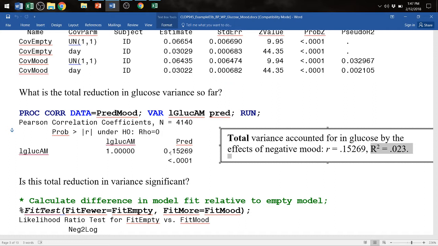Can you say the part about the 0.2%? Yes. So this one is the pseudo R square for the residual. That is the reduction due to the within person effect of negative mood. And the way I interpret that is, of the 31% of the variance in glucose that was originally within persons, the within person effect of negative mood captured 0.2% of that.